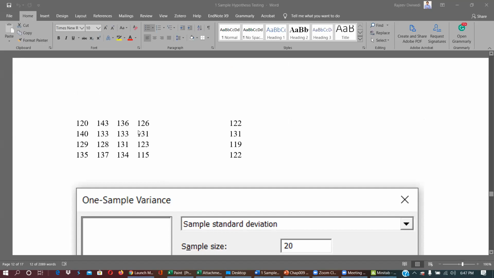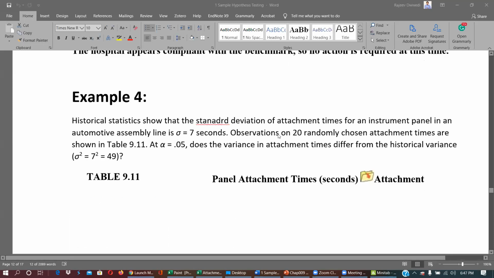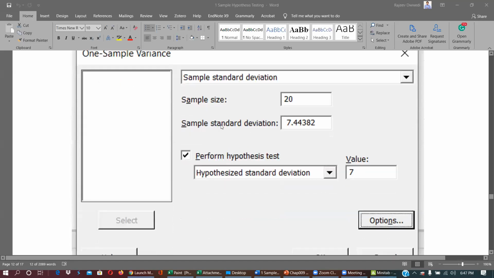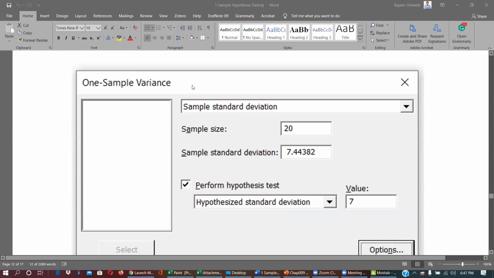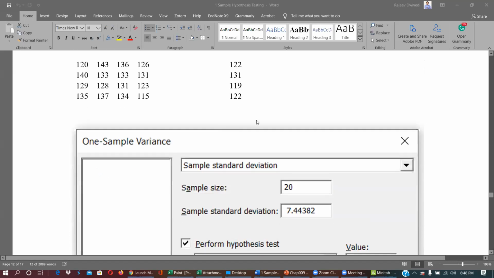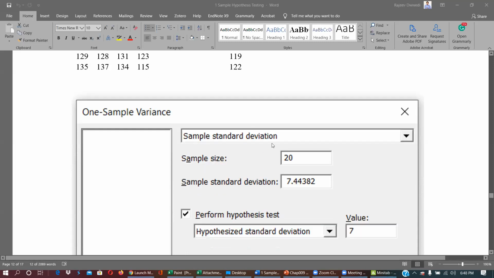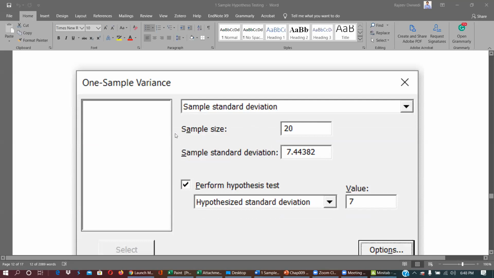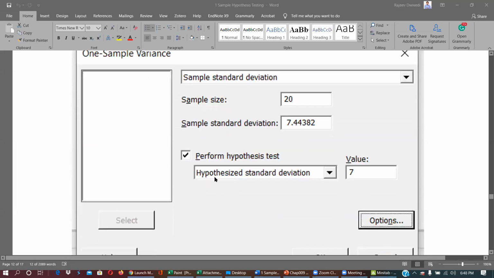And these are the 20 observations. Now what we need to do, sample size, so this is a one sample variance test. Here sample size is 12, sample standard deviation is 7.44. Either you can use sample standard deviation or sample variance, and you can get the result.